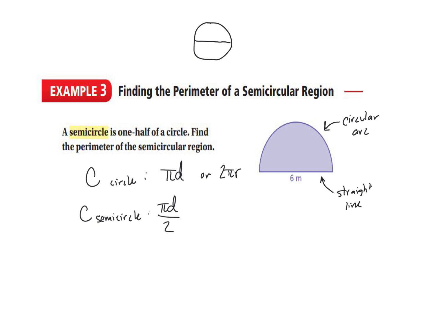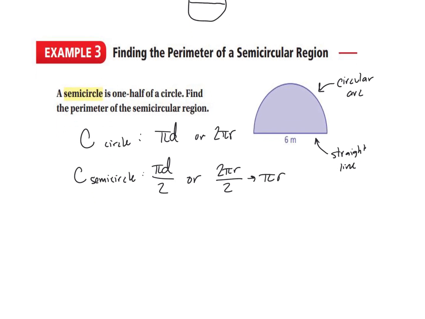So I have pi times d divided by 2, or I get 2 pi r divided by 2, which really is just pi times radius. This makes sense. I have half of a circle. I'm just going to take both of my formulas and divide them by 2 to cut them in half.